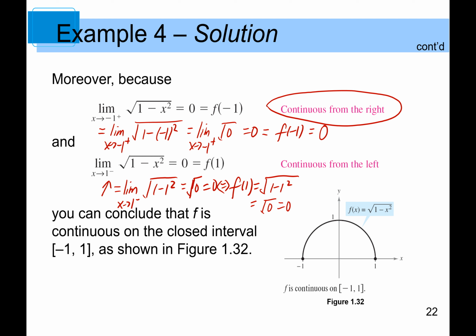And we know that the limit is the same thing as f of 1. That's why it's continuous from the left. And you can conclude that f is continuous on the closed interval from -1 to 1, right?